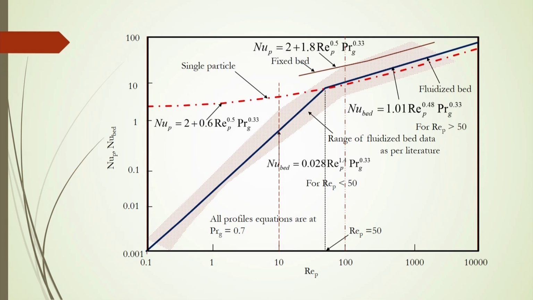Here we see that this solid line is giving the heat transfer coefficient equation, or Nusselt number of bed equation, for the fluidized bed system.